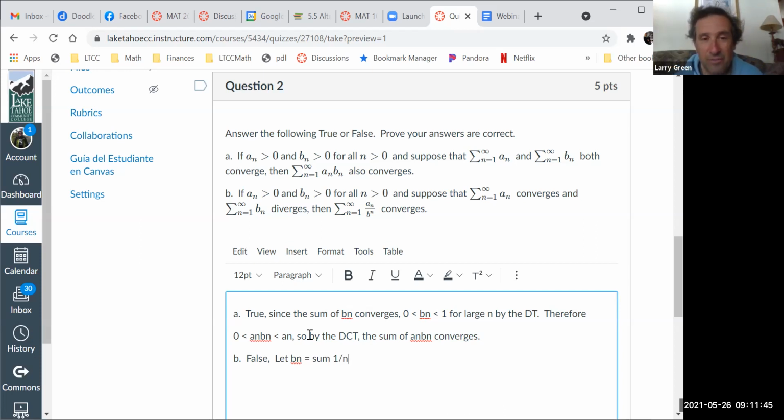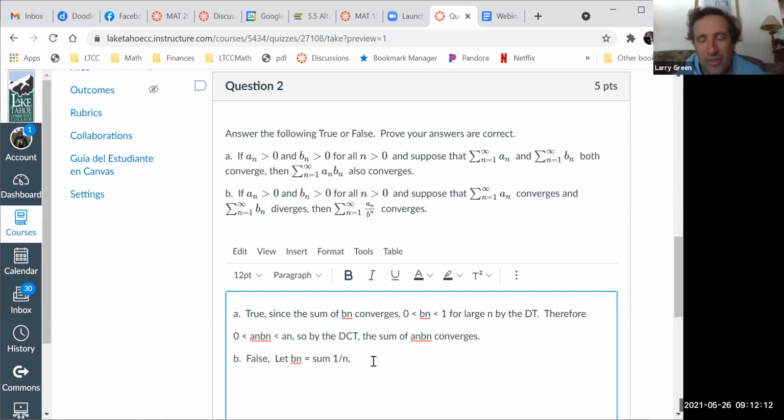Any questions so far? All right, so now we want to find an an so that an times over bn diverges, where an converges. And the idea here is, again, we want to find something easy where it's easy to divide. So definitely polynomial makes sense because 1 over n is a polynomial.